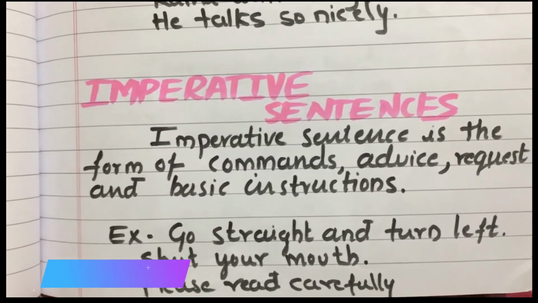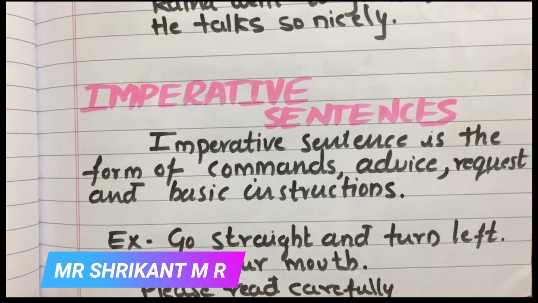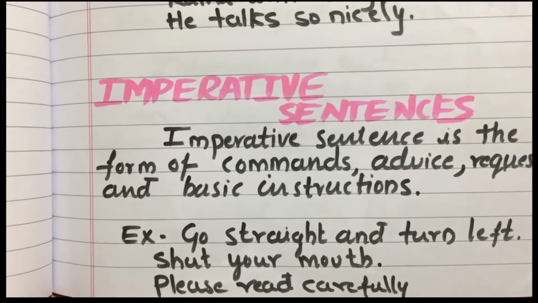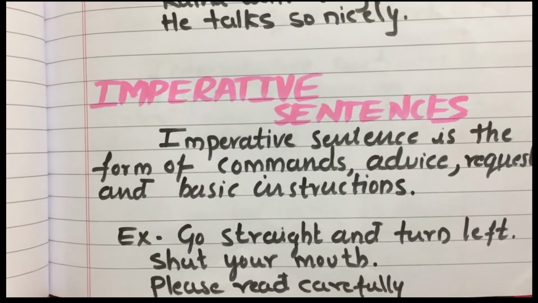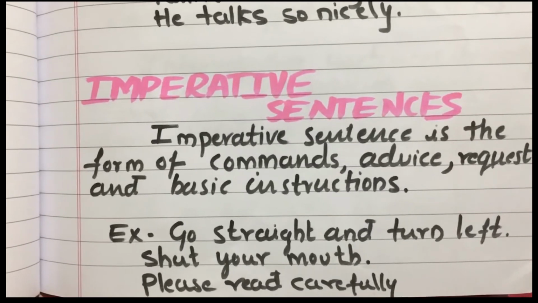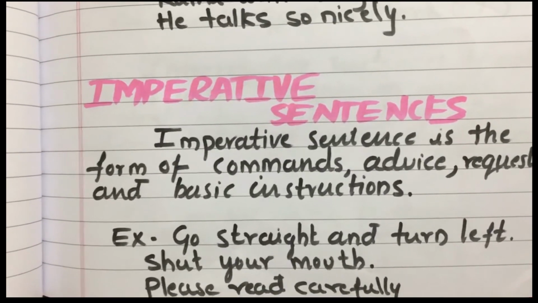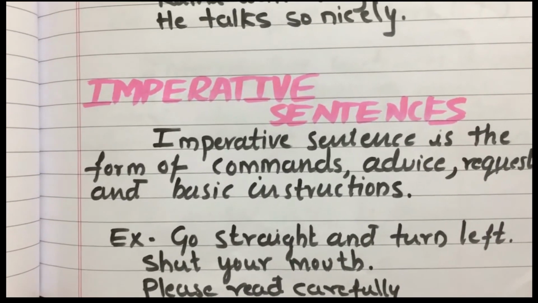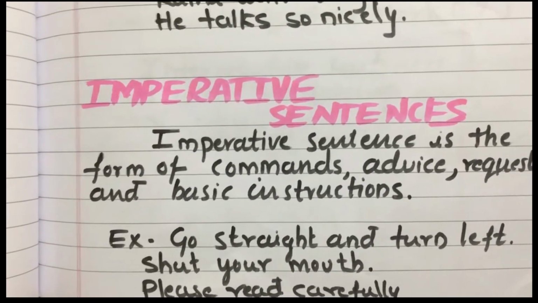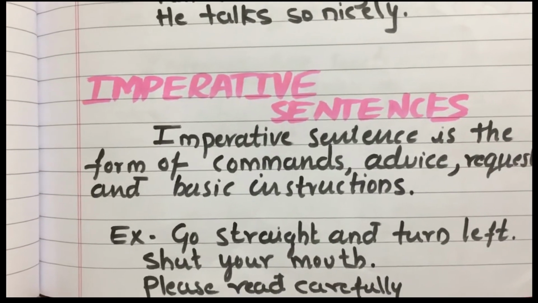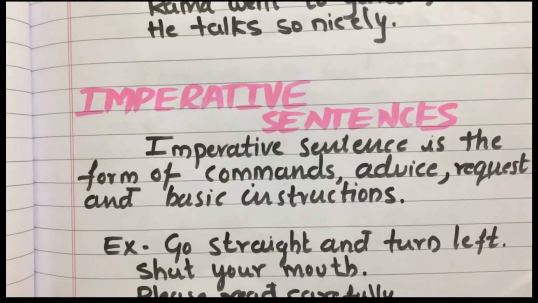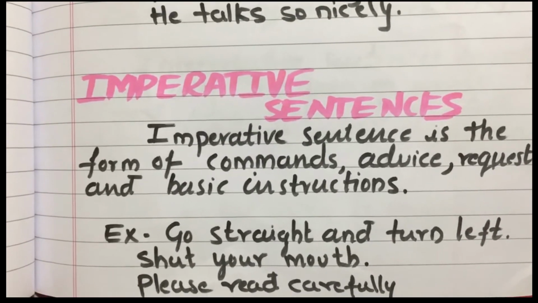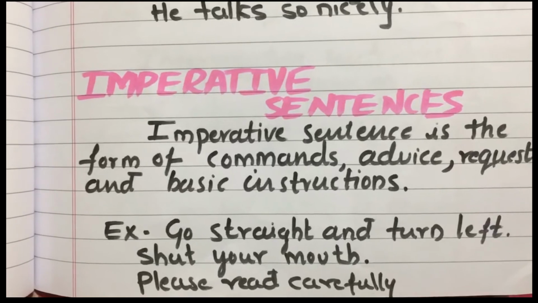Which sentence gives us a command? Like shut up, stand up there, go outside. Then advice. Which sentence gives us advice? You better consult a doctor. You better read that book. You must and should listen carefully when teachers are teaching.